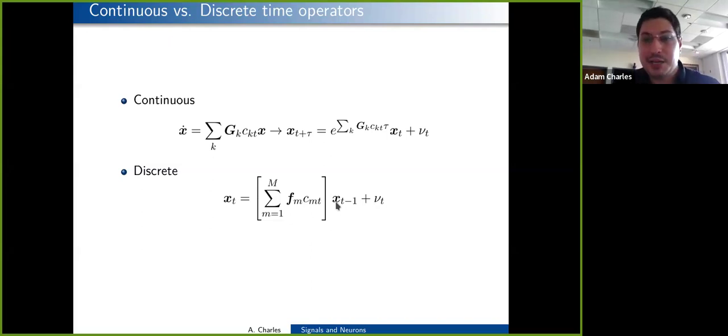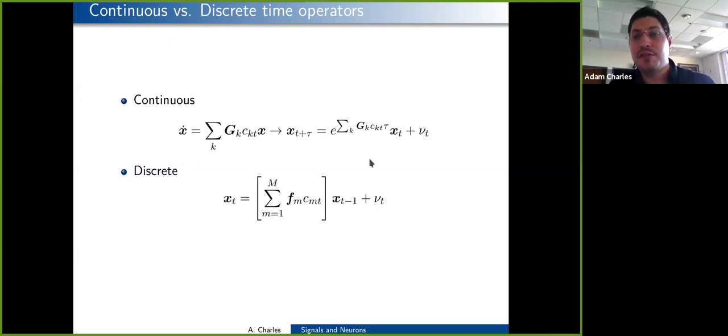And at every time t, we're going to take a bunch of coefficients C, and we're going to build up our linear dynamical system. So we retain the interpretability of linear dynamics, but we build it out of pieces at every time step t that we're going to learn from the data.